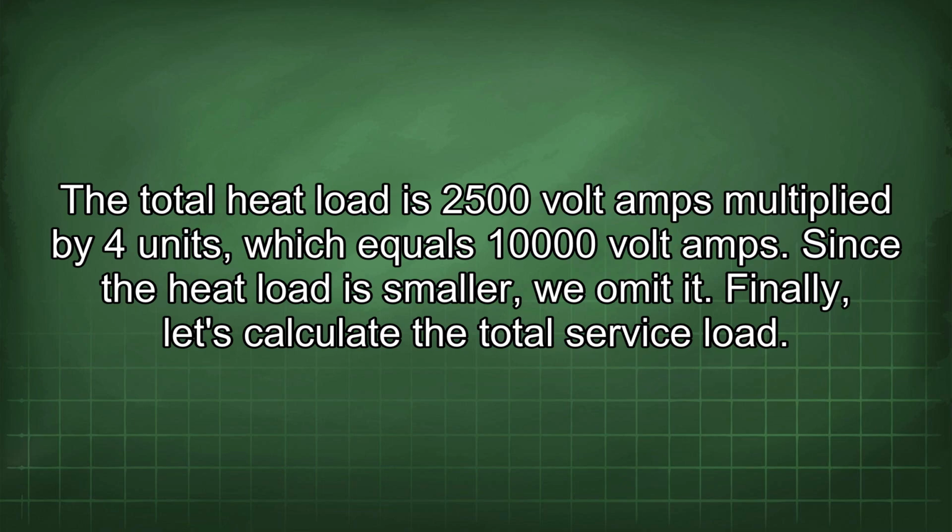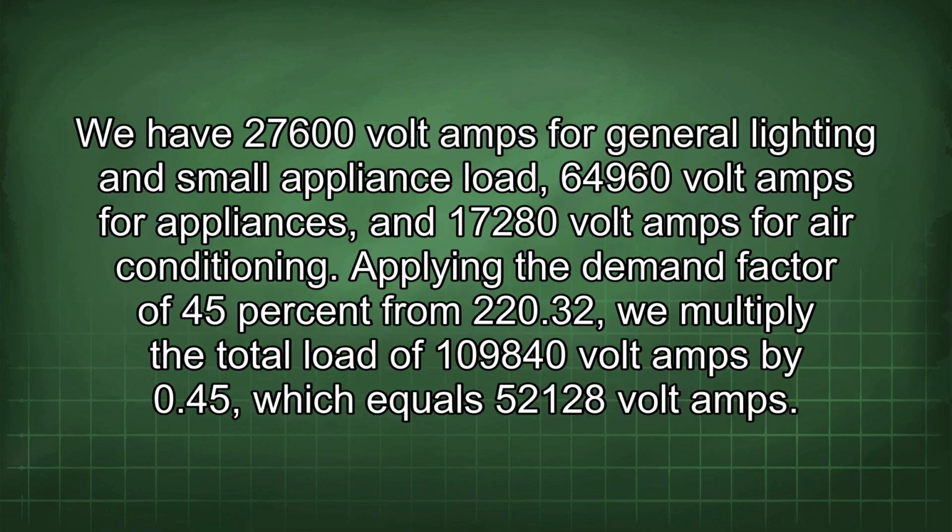Finally, let's calculate the total service load. We have 27,600 volt amps for general lighting and small appliance load, 64,960 volt amps for appliances, and 17,280 volt amps for air conditioning.